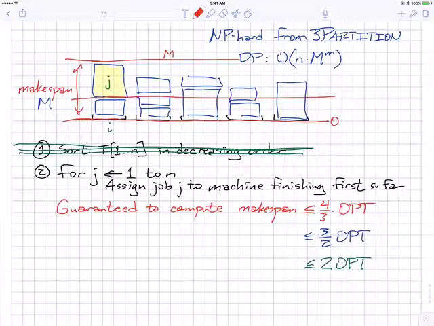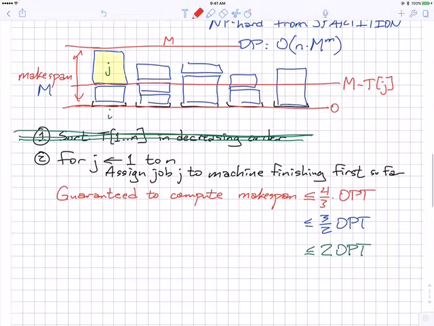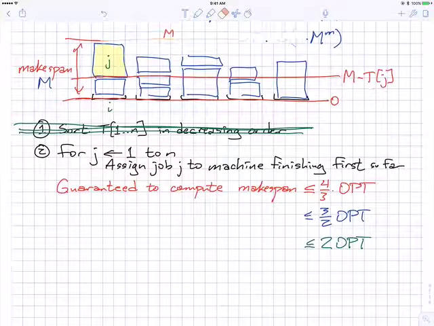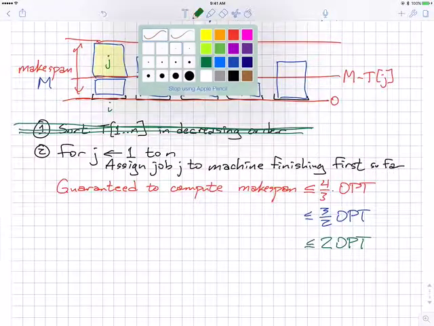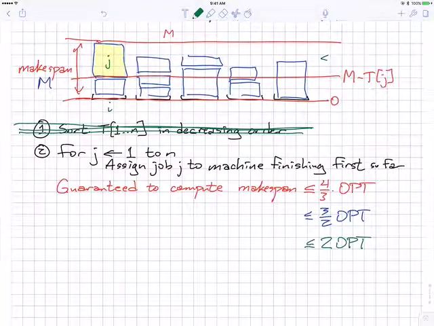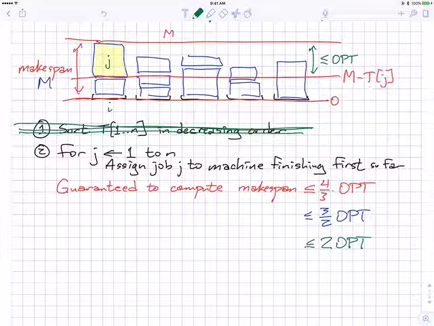Let me split the makespan here at m minus t, the running time of job J. What I want to claim is that this vertical distance, that amount of time, is less than or equal to the optimal makespan.